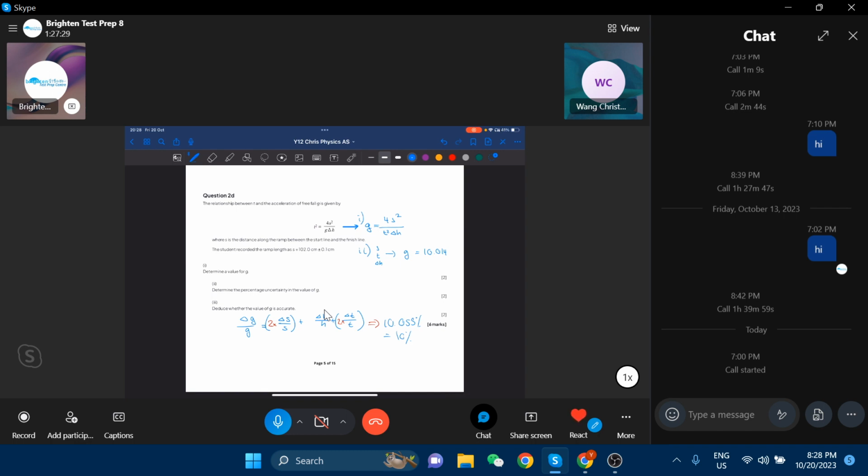So we have the percentage uncertainty, right? And now, of course, same thing. Now the question is whether it's accurate or not. So what do we have to do in order to say it's accurate or not accurate? I think we first find the uncertainty value of G. Yeah, okay.